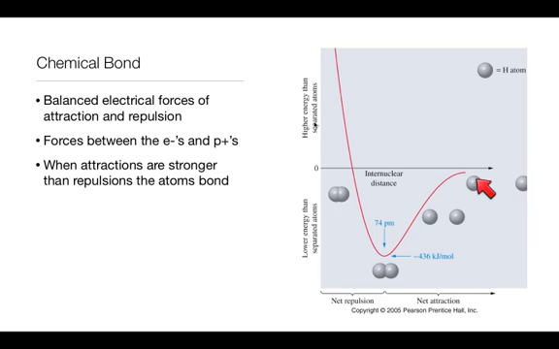So we're going to start off on the right-hand side of the graph here. And notice that these two atoms are very far apart. In a sense, there's very little interaction between them because of their distance. And we can see that based on the fact that our graph is measuring close to zero for our energy. As those atoms get closer together, as we move from right to left, we'll notice that they're getting closer.